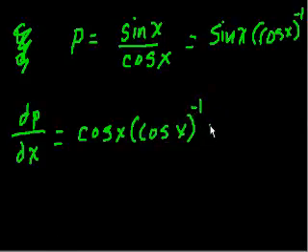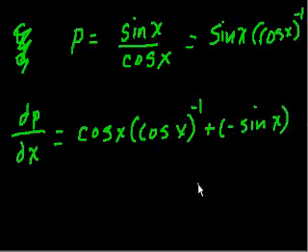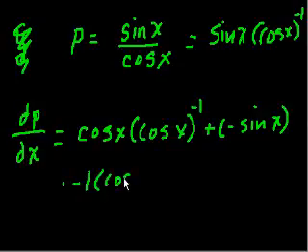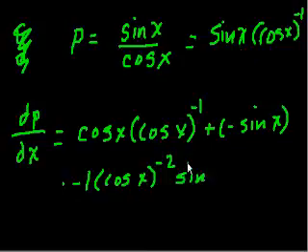And then to that we add the derivative of the second term. Well, we have to use the chain rule here. So we take the derivative of the inside. The derivative of cosine x is minus sine of x. And then times the derivative of the outside, that's minus 1 cosine of x to the minus 2. And then we multiply that times the first term, sine of x.